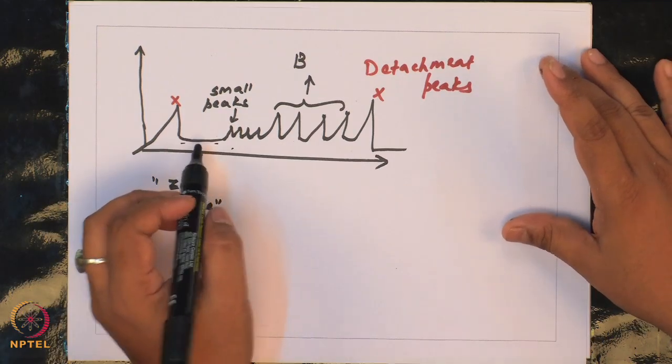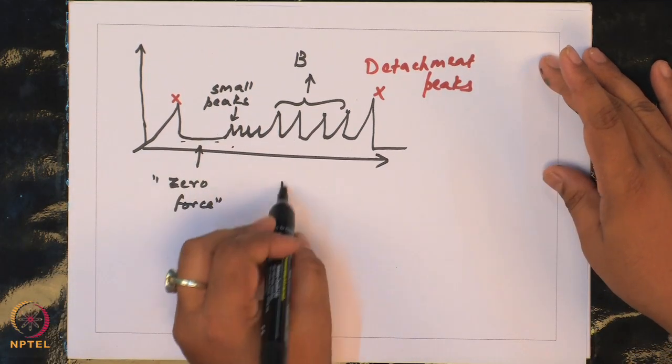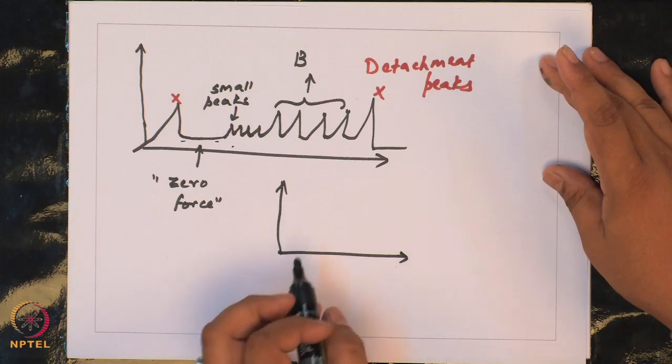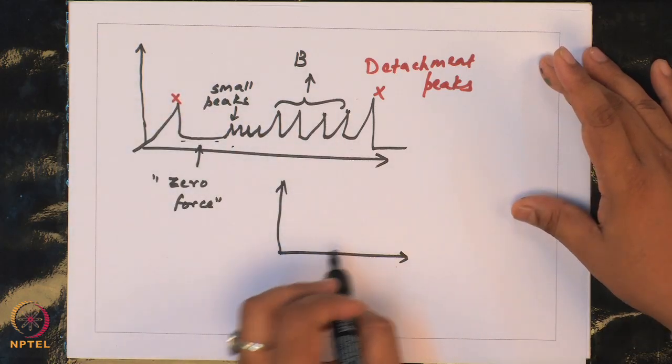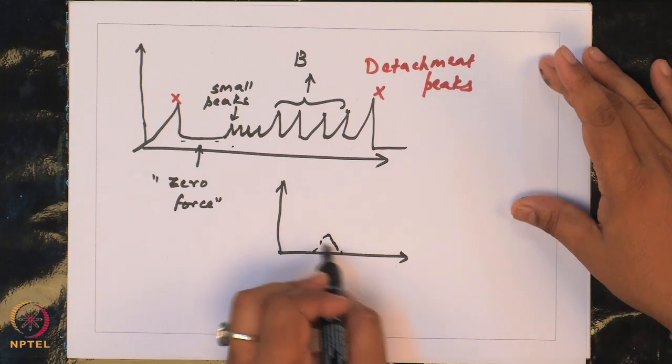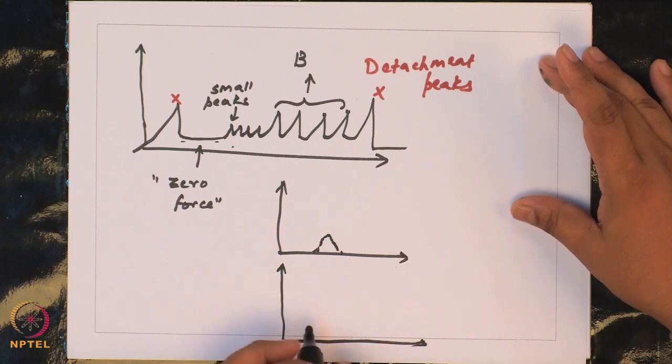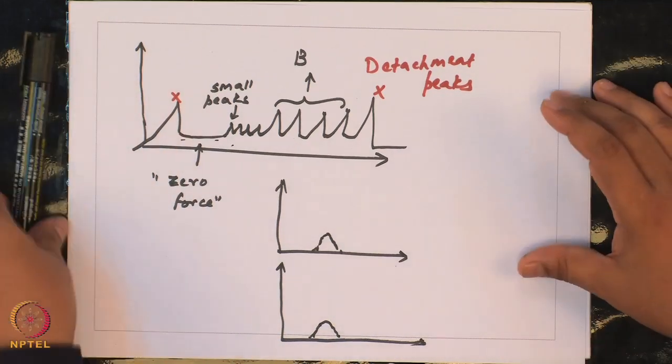Okay. So, once again what you can do is you can plot the force peak. I am not plotting the one for B, but for this you can get a small force peak, okay, and a corresponding length peak. So, this is the force, this is the length.